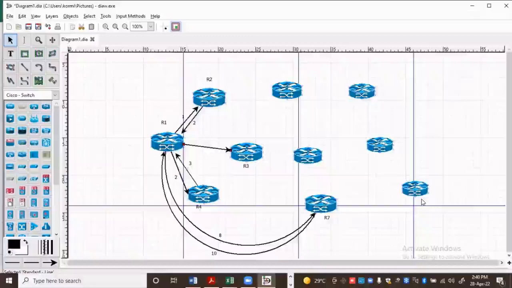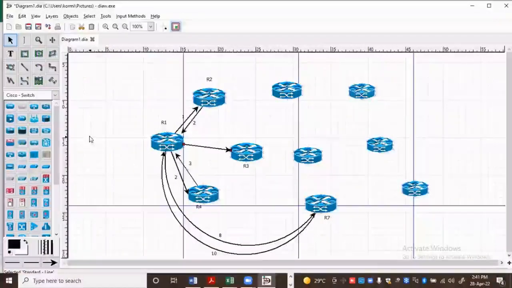It's the same thing we did for the packet tracer, the same concept, just that we're using a different application over here, which is not a simulator or an emulator, it is just a drawing application. You can be using that for your report purposes. If you are a network engineer and your boss asks you to put together a diagram for a network implementation, you want to be using applications like this.